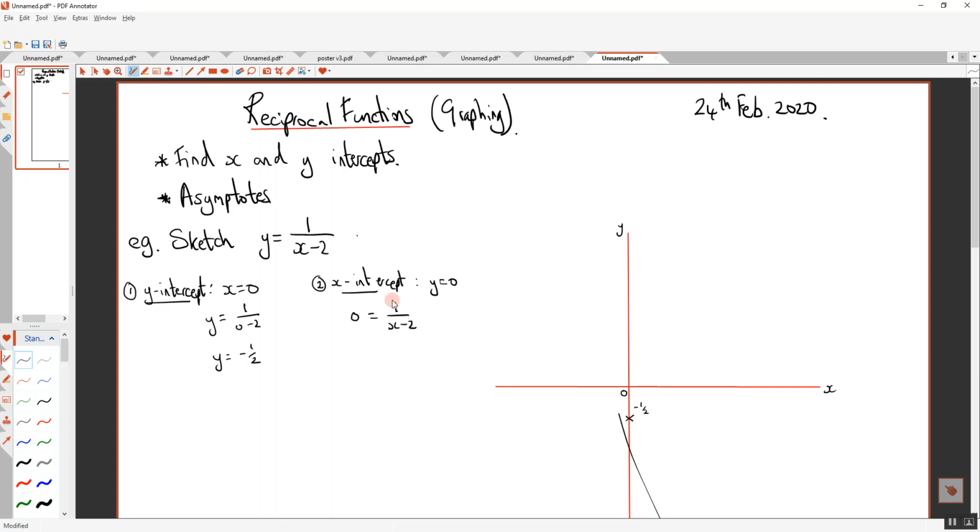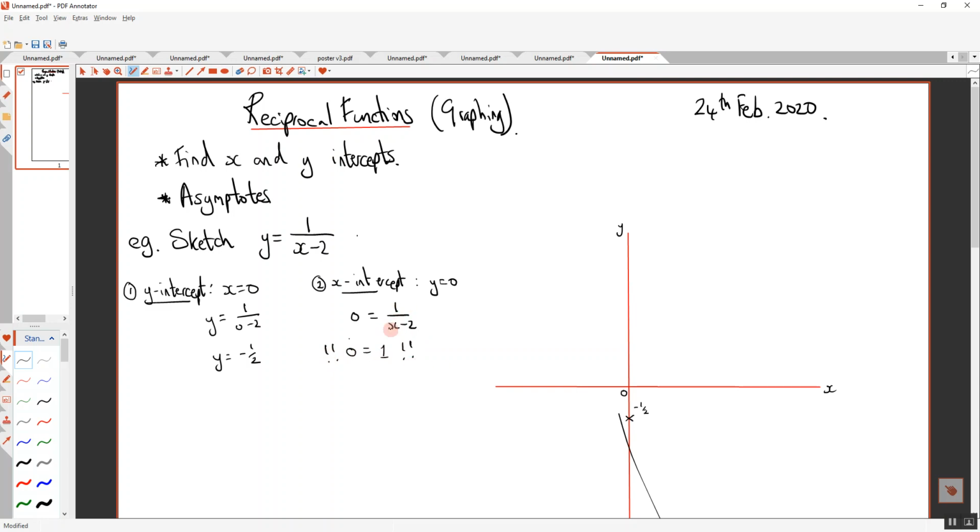Okay, I would multiply by x minus 2. Now when I do that, on the right-hand side I get 1 times x minus 2 over x minus 2, so the x minus 2's cancel. I just get 1. Now that looks a bit funky, yeah? A bit weird. So alarm bells are ringing here, okay? So there's no solution for this.